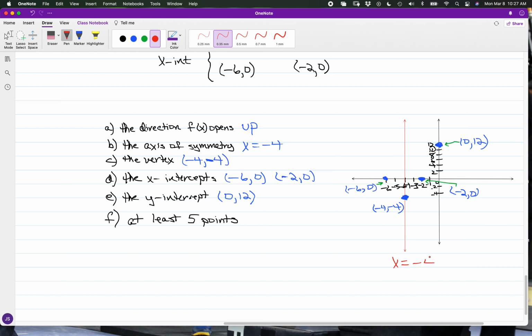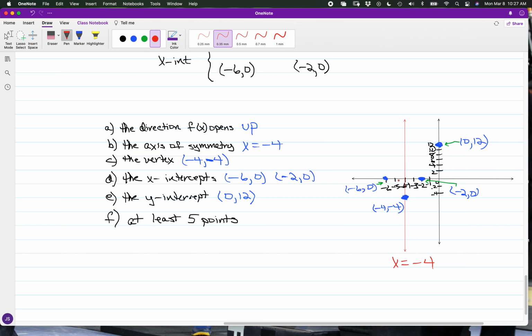So you have axis of symmetry x equal to -4. Now with the x-intercepts, notice that -2, 0 is going to be 2 spaces to the right of the axis of symmetry. And -6, 0 is going to be 2 spaces to the left.